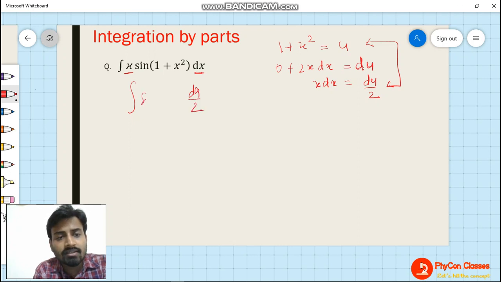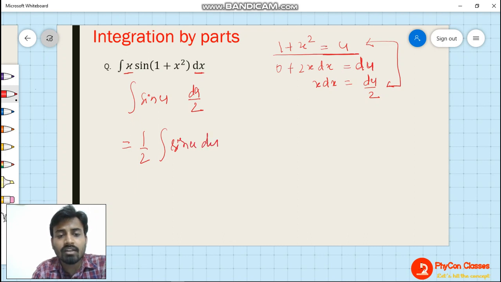The rest of the thing is sine 1 plus x square. 1 plus x square can be written as u, sine u. Clear? So this integration, see, du by 2, 1 by 2 can be taken out of the integration. Then it will be equal to sine u du. Clear? Then integration of sine u. What is the integration of sine u? You remember? Minus cos u. So it will be equal to 1 by 2 minus cos u.